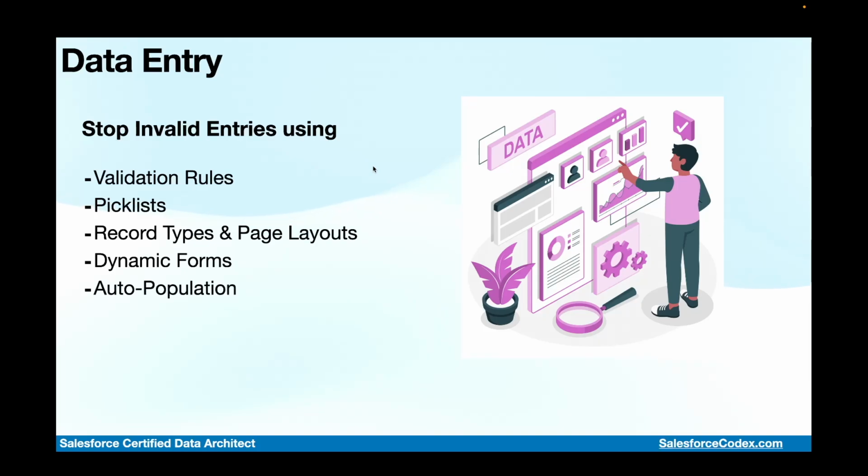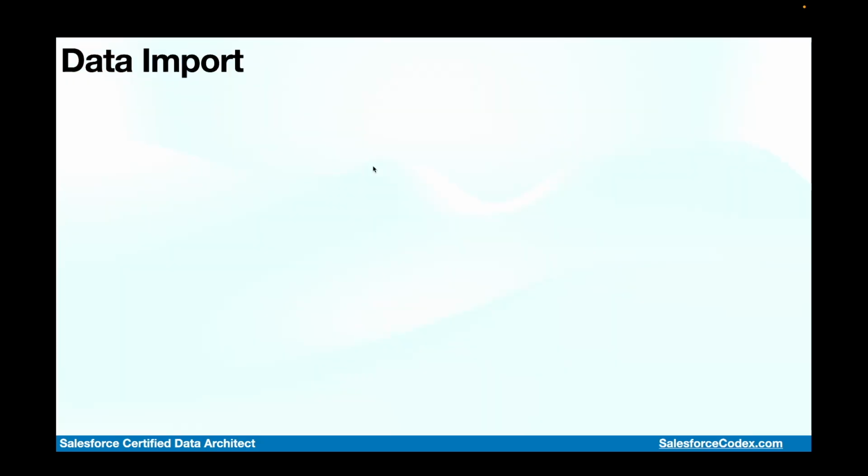We can use default values for auto-population of some of the fields which are mandatory to be entered in the data. So these are the data validation features which we can use in the data entry phase. So these are the features which we can utilize while we are doing data entry in the database.